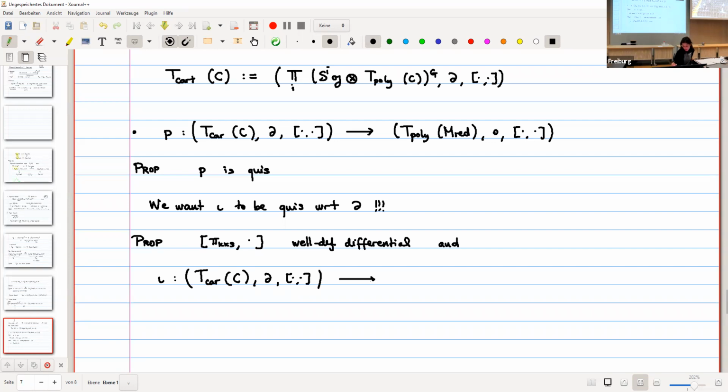And on the other side, you have the Taylor expansion with this, let me say, twisted differential. So you see it's a canonical inclusion that is now becoming a quasi-isomorphism of differential graded Lie algebras.